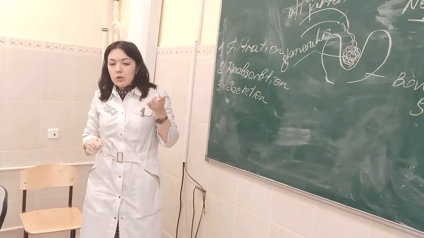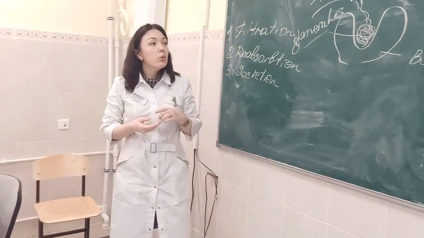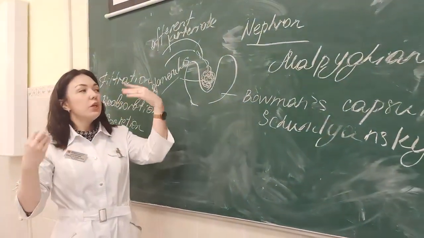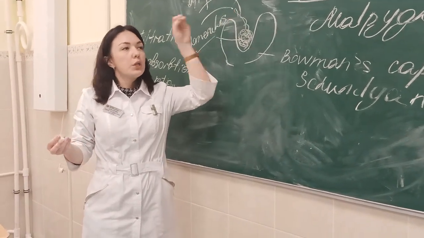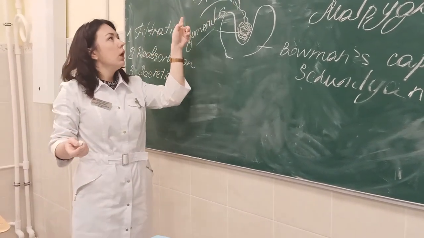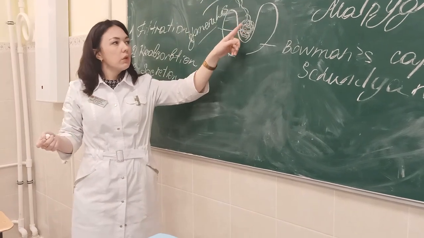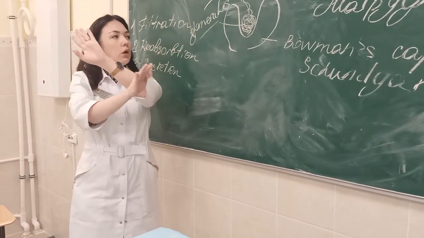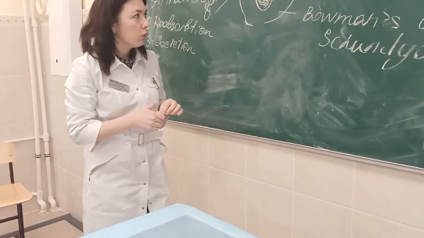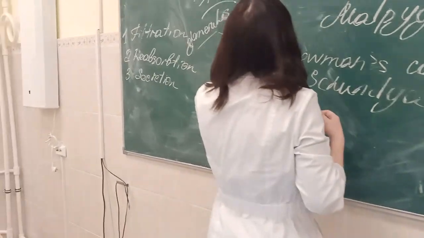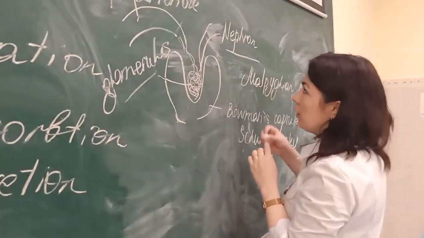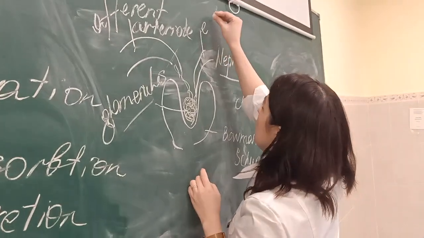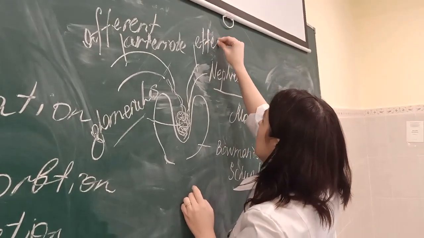The kidney is a unique organ. It is the only organ in which capillaries again form an arteriole. Usually arterioles form capillaries, and then capillaries join each other and form venules. It's always so. Here in the kidney, capillaries again become larger and form another arteriole, that is the efferent arteriole.